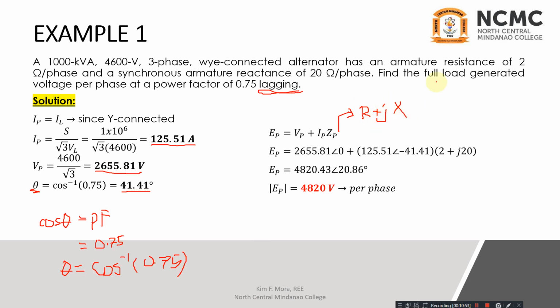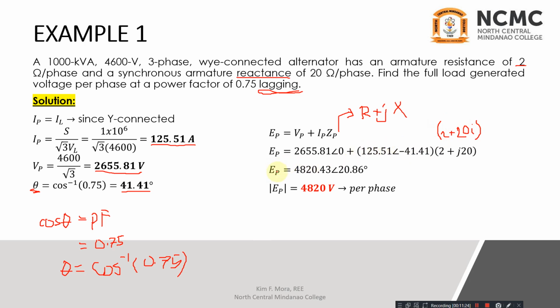We are given R equal to 2, the armature resistance, and the reactance X, so we have 2 plus j20. When typing this in the calculator, it is 2 plus 20i. There is no j in the calculator.